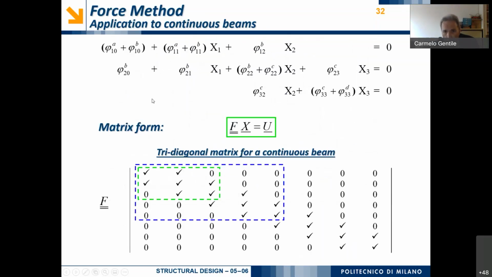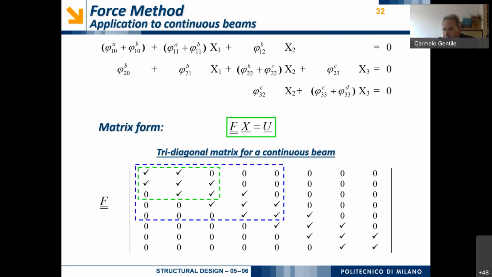Okay, so we have this series of three linear equations. Generally, when we apply the force method, and specifically when we apply it to a continuous beam, we will obtain a system of linear equations.